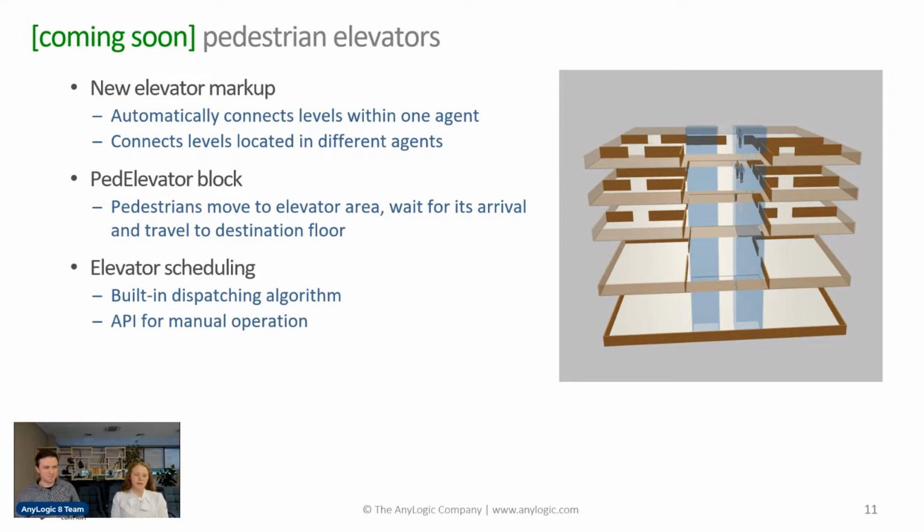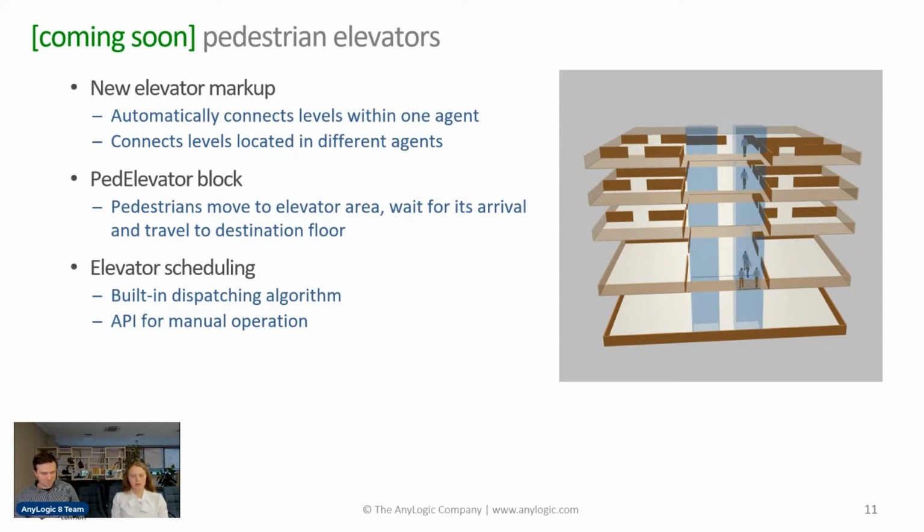Currently, we created a markup element that you can drop in your agent, and it will automatically join all the levels that represent floors inside this agent. Usually it's the main one, but of course you can also specify particular levels if needed, because we know that sometimes lifts, for example, can serve only parking floors, not all other floors.